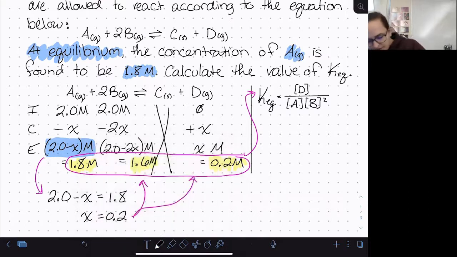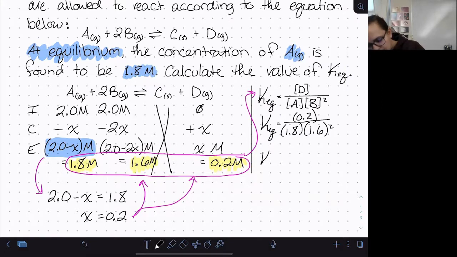So we've got A on the bottom is 1.8, B is 1.6, and that's going to get squared, and then 0.2 on the top. Once we do that out, that will give us our value of K, which comes out to about 0.043.